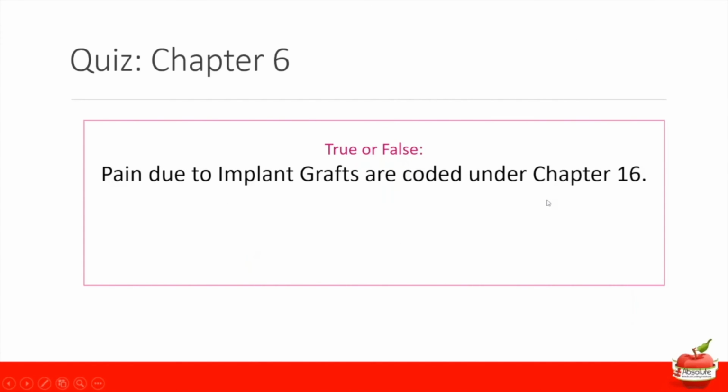Next one. Pain due to implant grafts are coded under chapter 16. This one is going to be interesting. Let me have a look into the chat. Is the statement true or false? Okay.